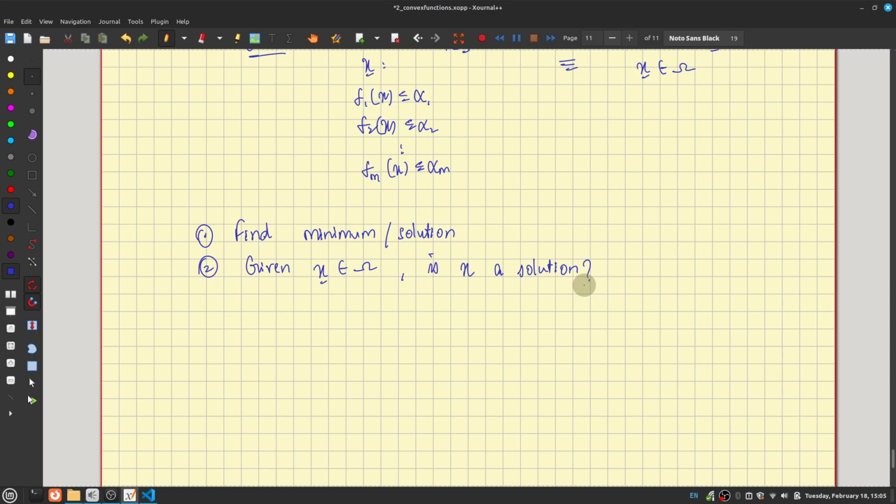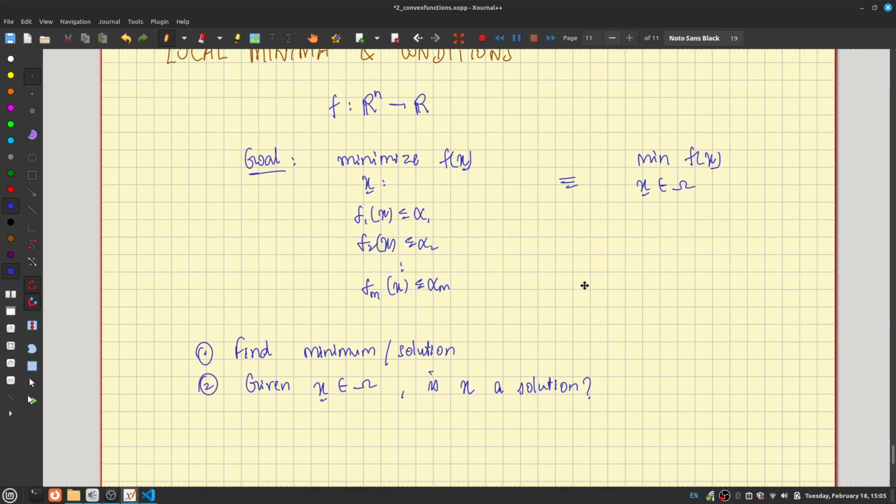Okay, so the first step, I'll relax conditions on f. I won't say that the function is convex or anything of that sort. All right, in this situation, can I say something about whether a given x is a candidate solution or not? Now, in general, it is hard.